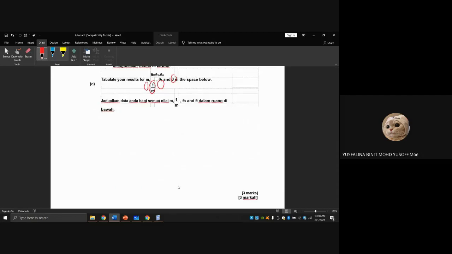So draw a table here, 4 columns because 4 values. You have to draw it with a ruler. Then put all the titles: M, 1 over M, theta 1, theta.